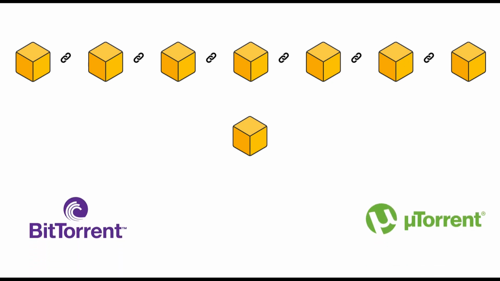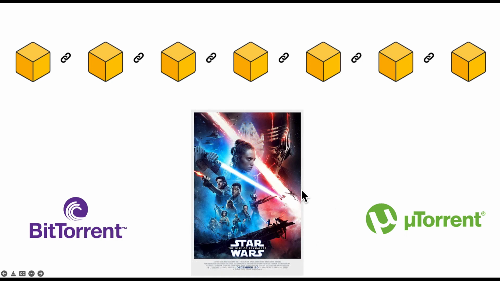For example, take the most popular peer-to-peer software, BitTorrent and uTorrent. They're used for downloading large files like movies. Let's say there are 1,000 nodes in uTorrent, and 100 of them have the movie Star Wars on their computers, but the other 900 don't.